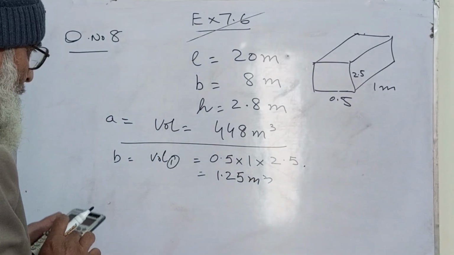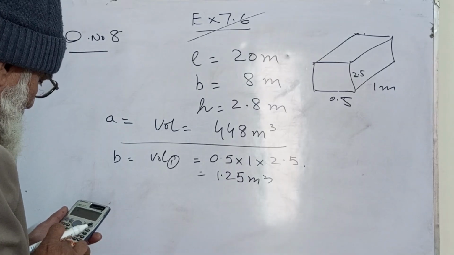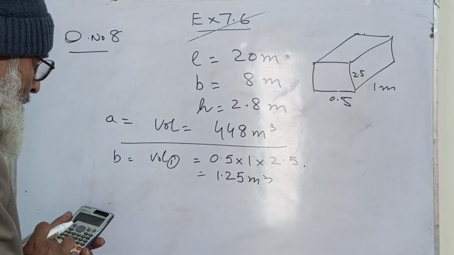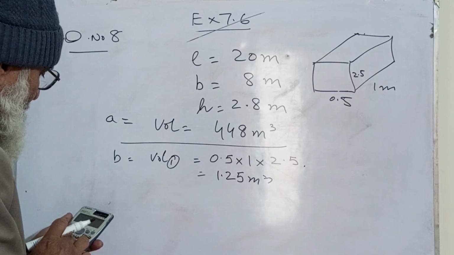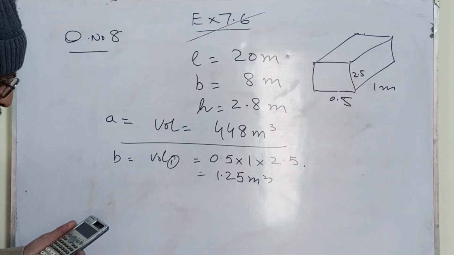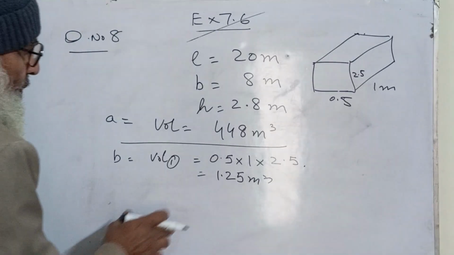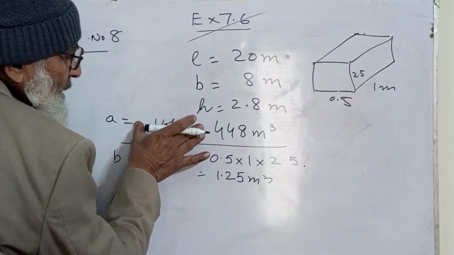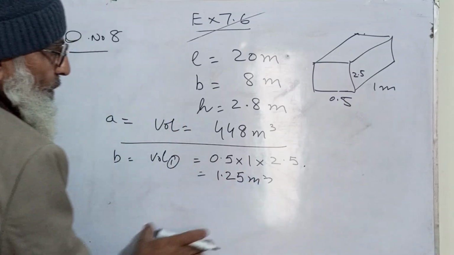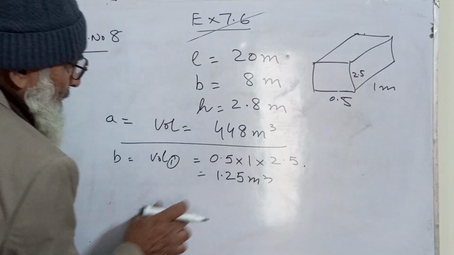Let me calculate it on the calculator. 0.5 multiplied by 2.5, yes, it is 1.25 meters cube. Now, because this is the storage area volume and this is the volume of one box, we'll divide this with this.